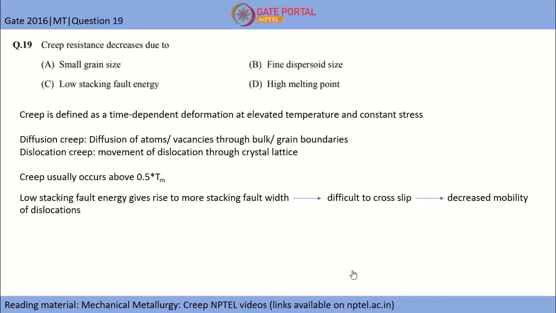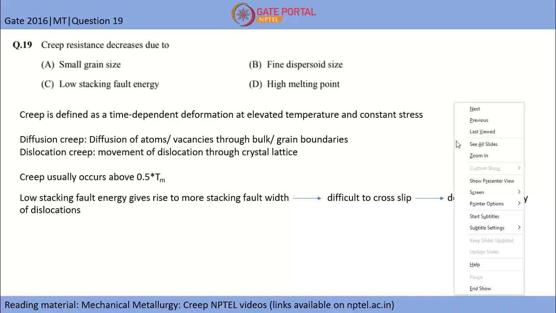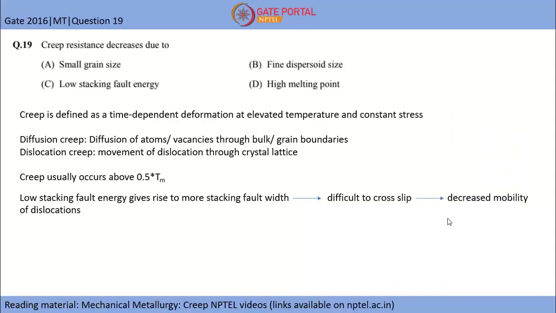So creep is defined as time dependent deformation at elevated temperature and constant stress. Let's say if we have a material, we are keeping it at a temperature T and we are applying uniform stress, let's say compressive here.